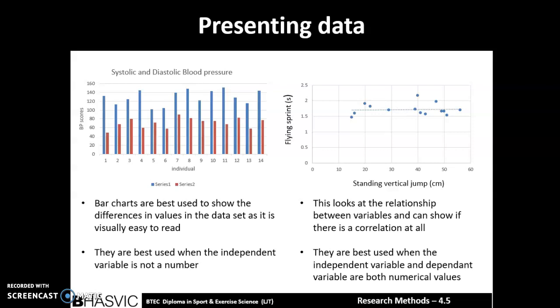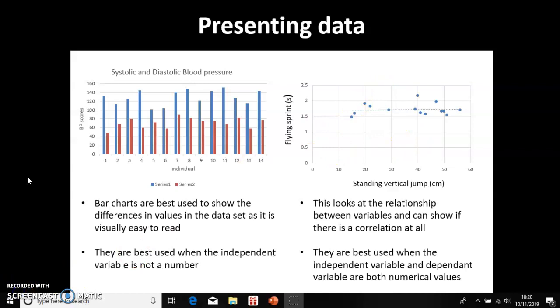So to start off with, we have a bar chart and a scatter graph. Looking at the bar chart, for example, we see that this is a chart for systolic and diastolic blood pressures and comparing them, and immediately you can see the red and blue values, blue being systolic, red being diastolic.